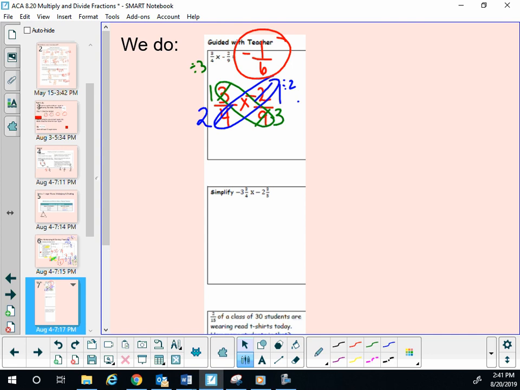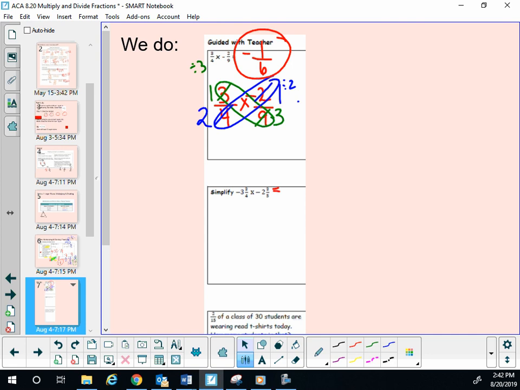Our next problem is multiplying, but we have these mixed numbers. What should I do? We need to make it an improper fraction. On these, a negative times a negative, my answer is going to be positive.